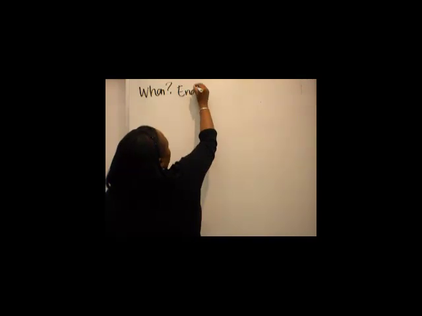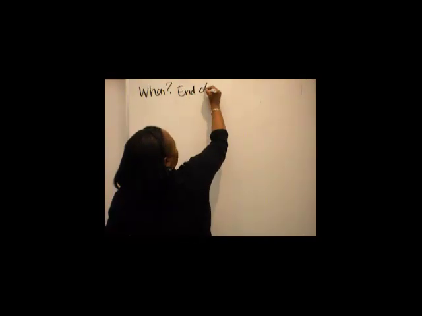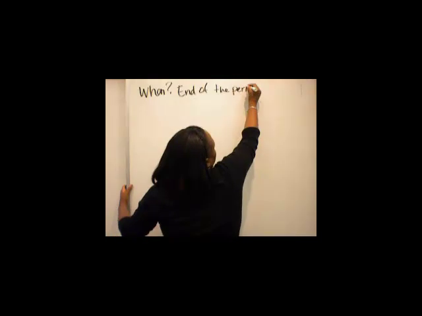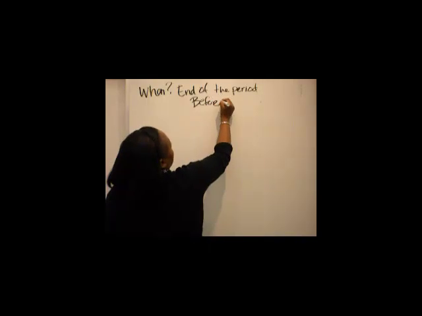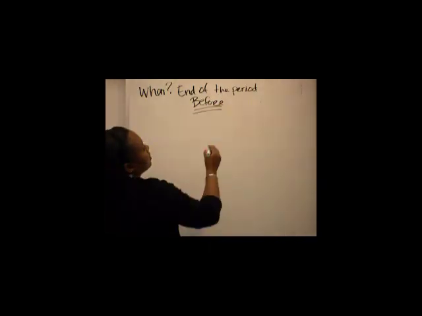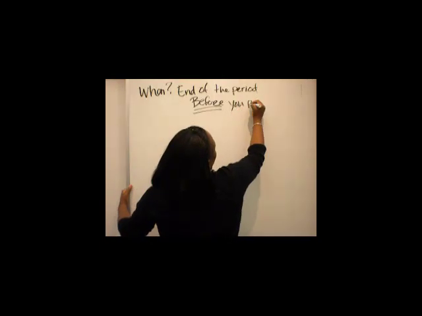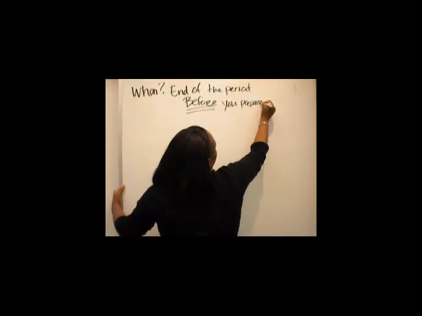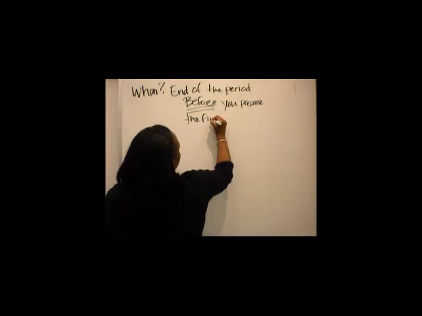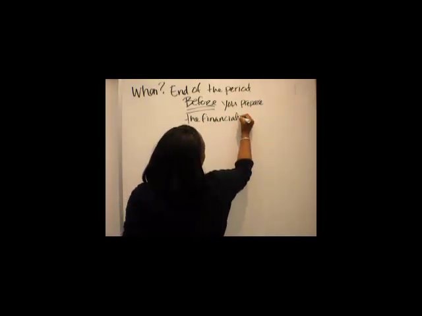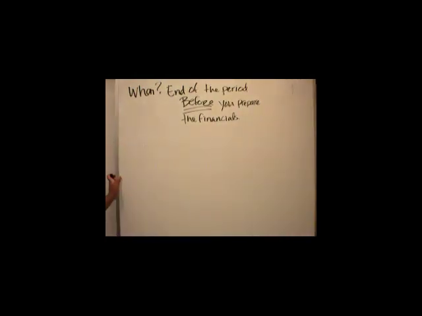Well, adjusting journal entries are prepared at the end of the period, whether it's the month, the quarter, or the year, before you prepare the financials. So you prepare the 4 various types of adjusting journal entries before you prepare your financial statements.